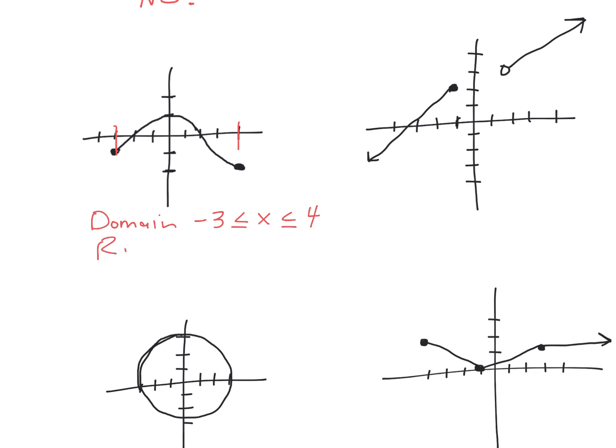And then for our range, you can see the graph is between -2 and its highest point would be +1. And those are closed dots. So that would be the range of that function. The zeros here, you can see the zeros would be -2 and +2.